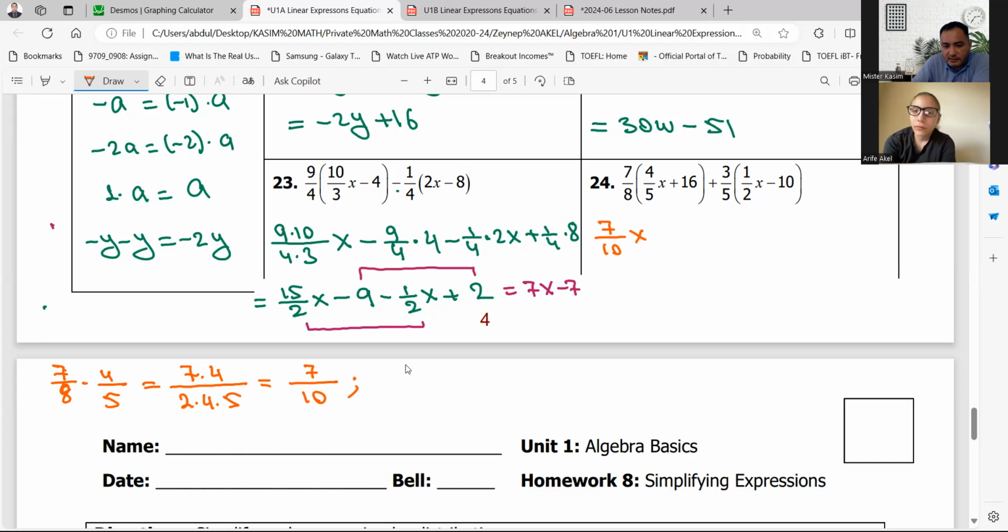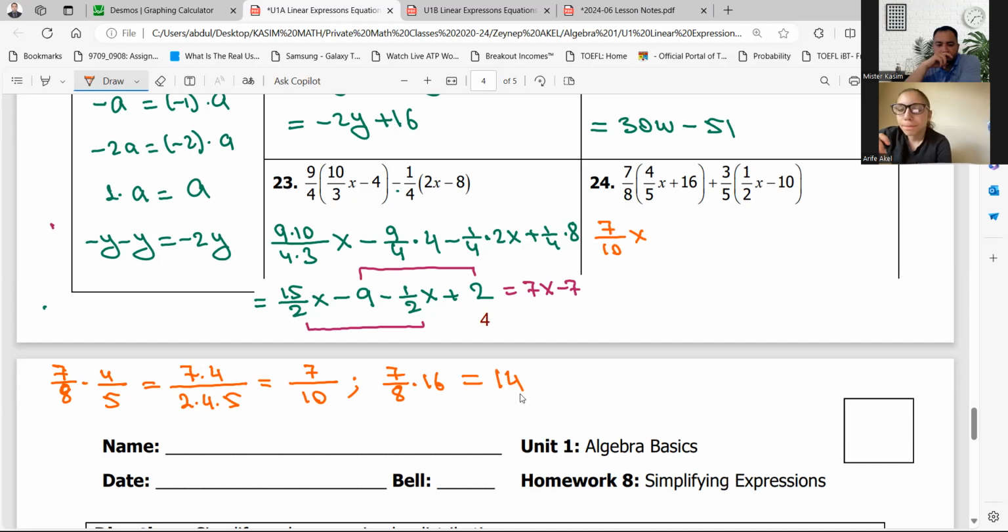And what is next? Next is 7 over 8 times 16 is equal to what, Zeynep? So 16 times 7. If you notice here, 16 is at the top, 8 is at the bottom, right? So what is 16 divided by 8? 2. 2 times 7 is 14. Can you see that? So that's equal to 14.